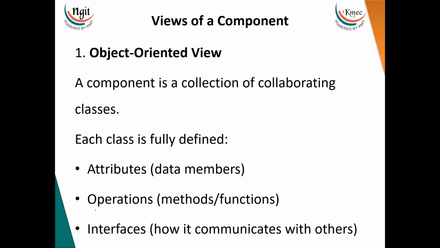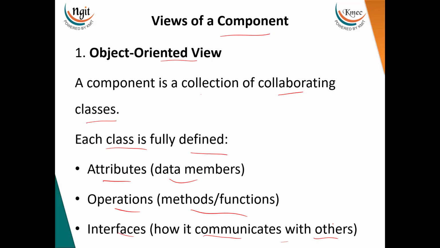Then next we move on to views of the component. We have three kinds of views. First one is the object oriented view. A component is a collection of collaborating classes. Each class is fully defined with attributes as data members, operations as methods or functions, and interfaces, that is how it communicates with others.